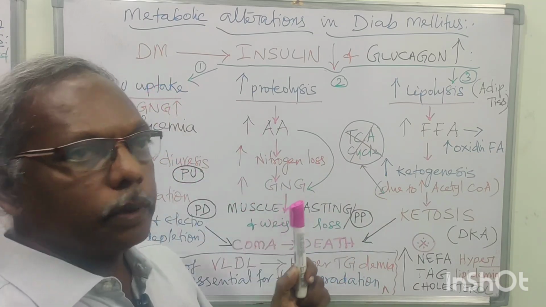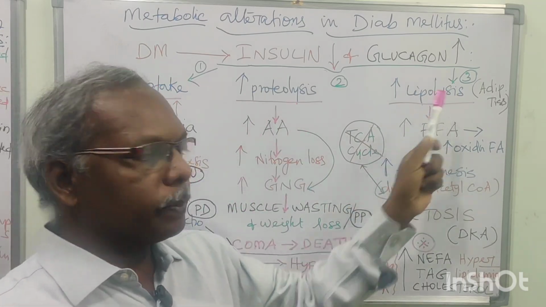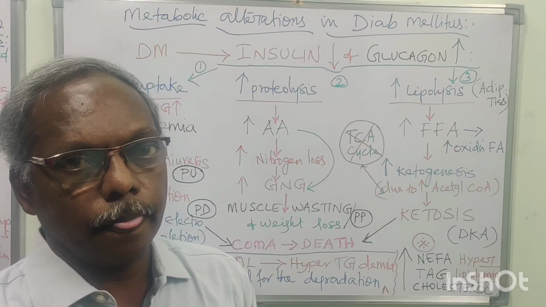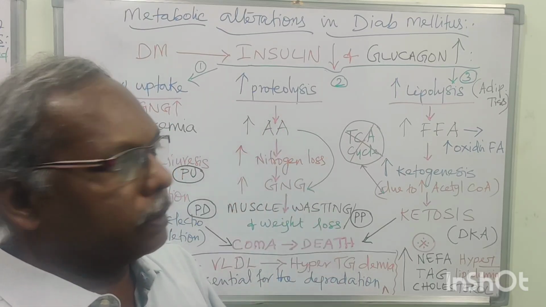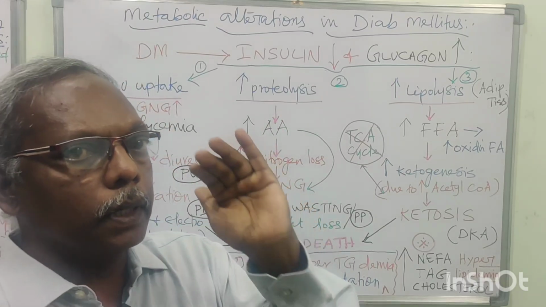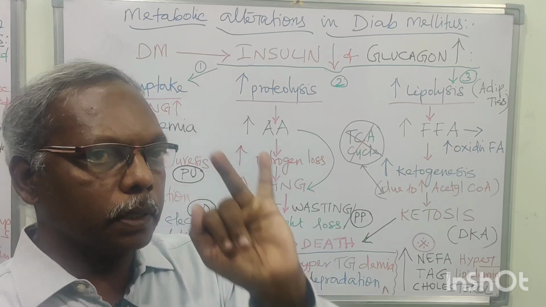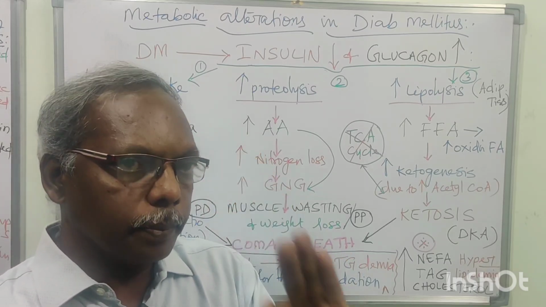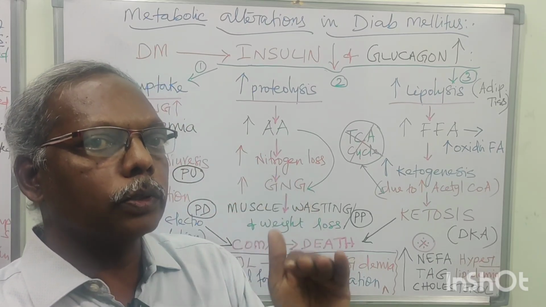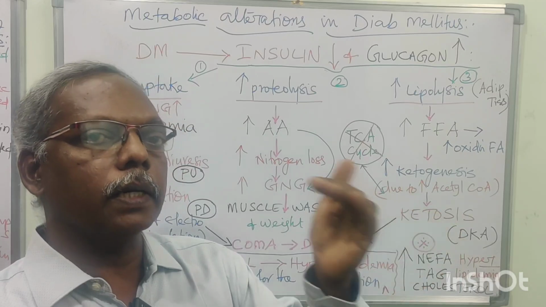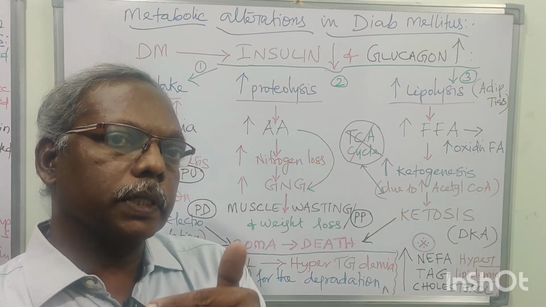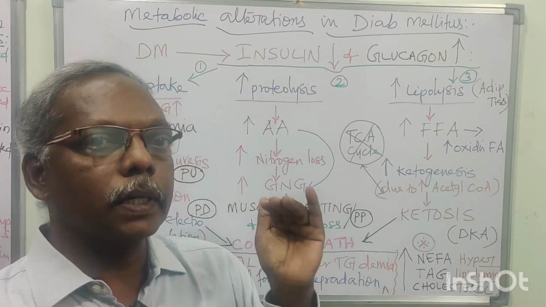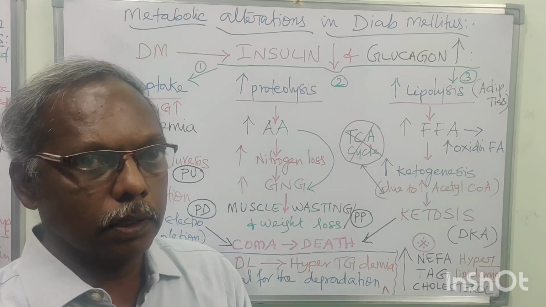Number one, carbohydrate metabolism. Number two, amino acid metabolism. Number three, lipid metabolism. So how will they get affected? Very simple. In carbohydrate, amino acid, and lipid metabolism, due to the deficiency of insulin and excessive secretion of glucagon, what are all the changes that occur, right?